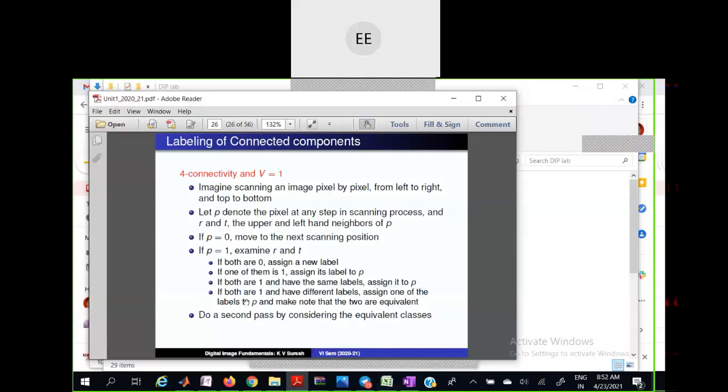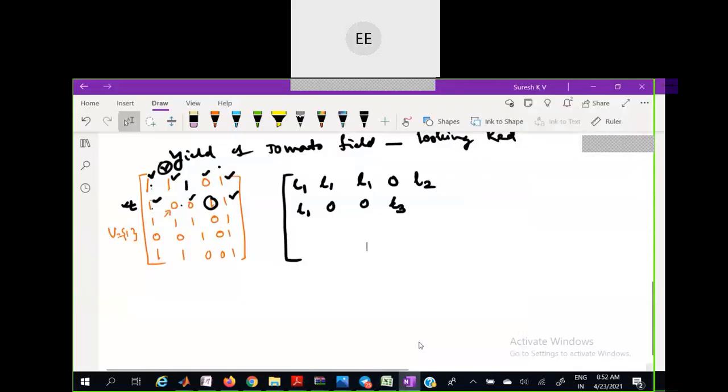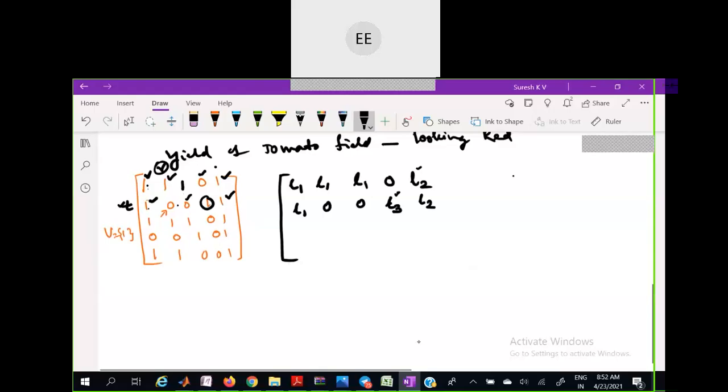But in our case, both are 1 but they have different labels. When that is the case, assign one of these and make note that the two are equivalent. You can see that this is L2 and this is L3. So you just write it as either L2 or L3, but don't forget to write down somewhere that L2 is same as L3. Am I clear?